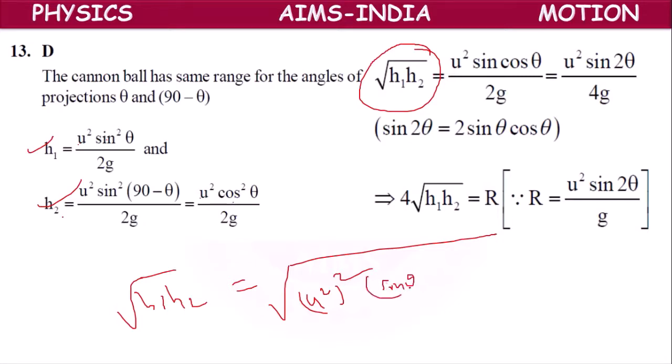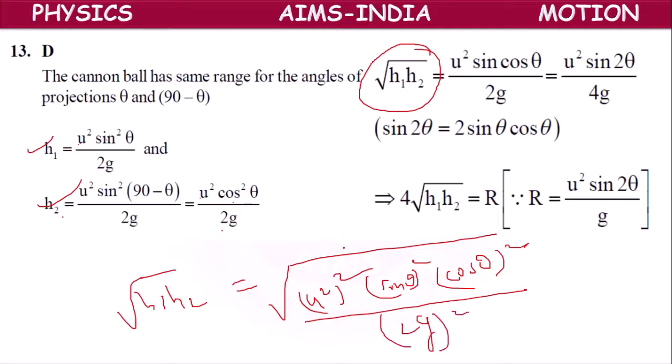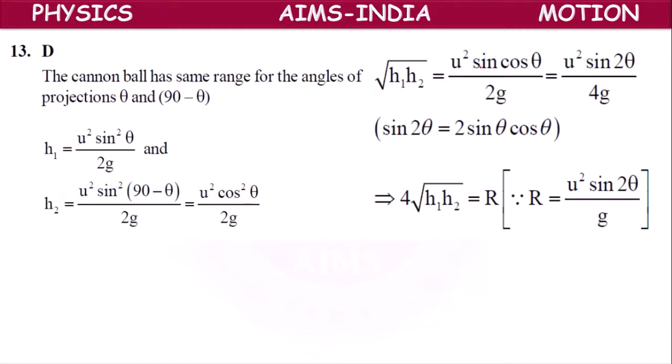So we can write it as (sin theta) whole square into (cos theta) whole square by 2g into 2g, that is (2g) whole square. So square root cancels. What will remain? u square sin theta cos theta by 2g.